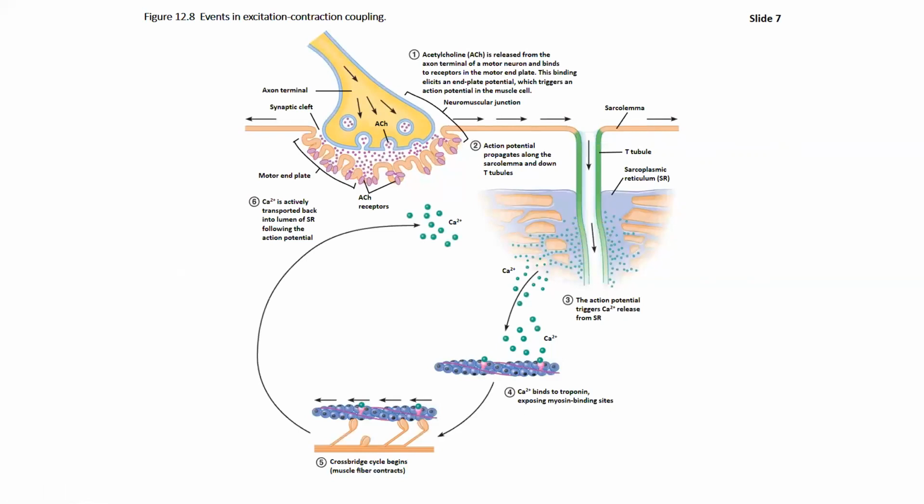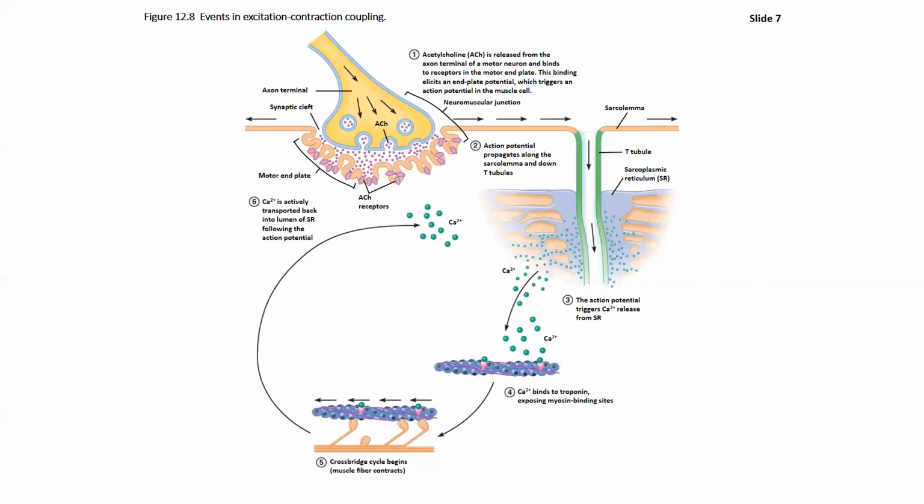Right? In order to stop muscle contracting, we need tropomyosin to cover those sites again. And in order to do that, calcium has to leave the cytosol and go back where? Where did it come from? The SR. Good. It has to go back into the SR.